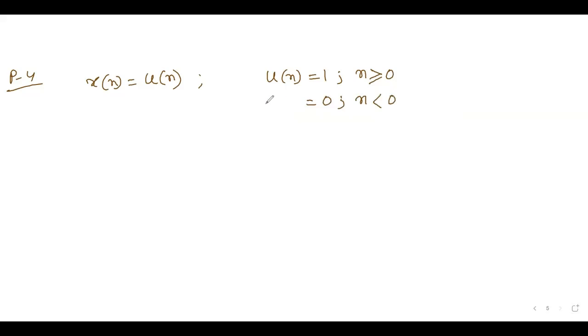Say x[n] equals u[n], which is 1 for n greater than or equal to 0 and 0 for n less than 0. This is obviously a right hand signal.